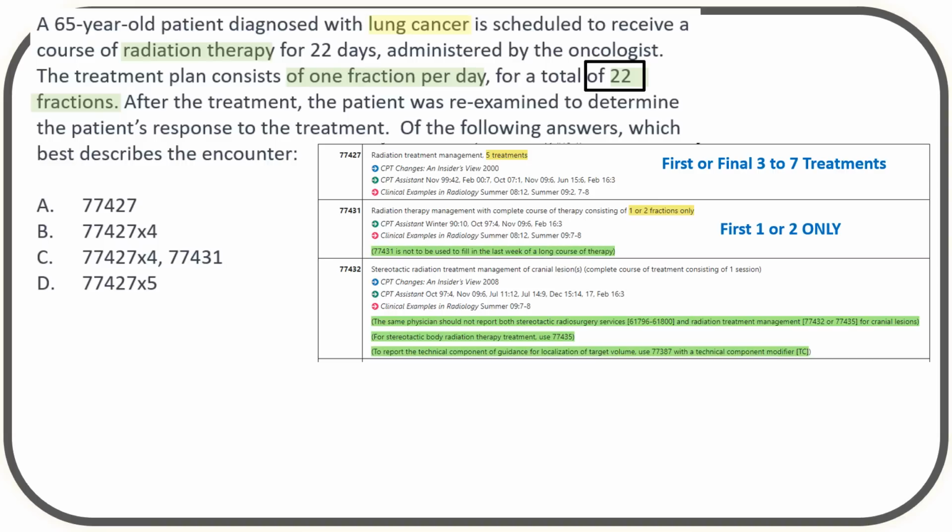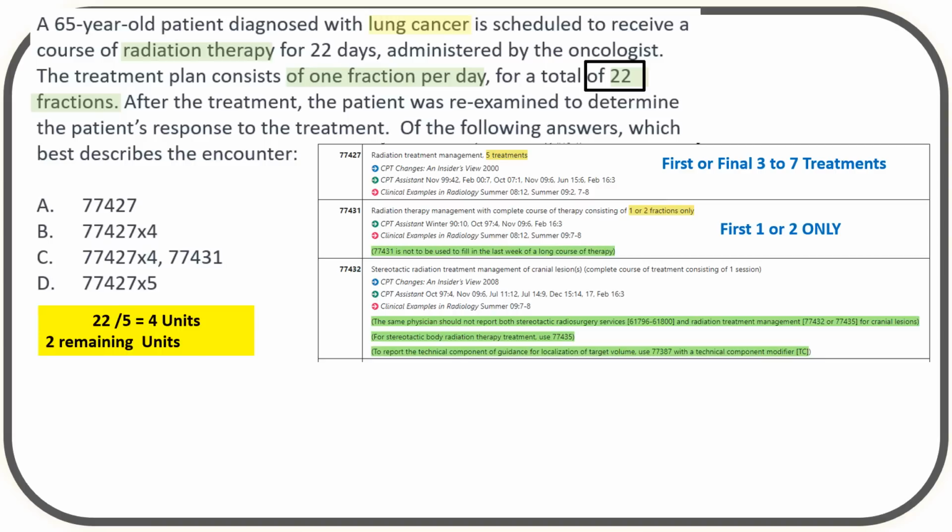But we have 22 fractions, so we have to code for 22. And what we need to do, because 77427, these are coded by 5 treatments, so we're going to divide 22 by 5, right, to find out how many units we'll need to code for.